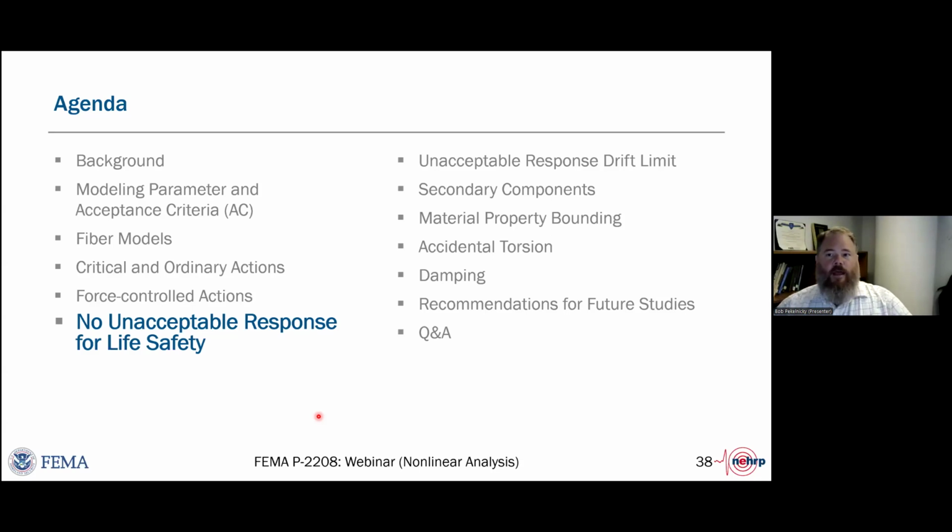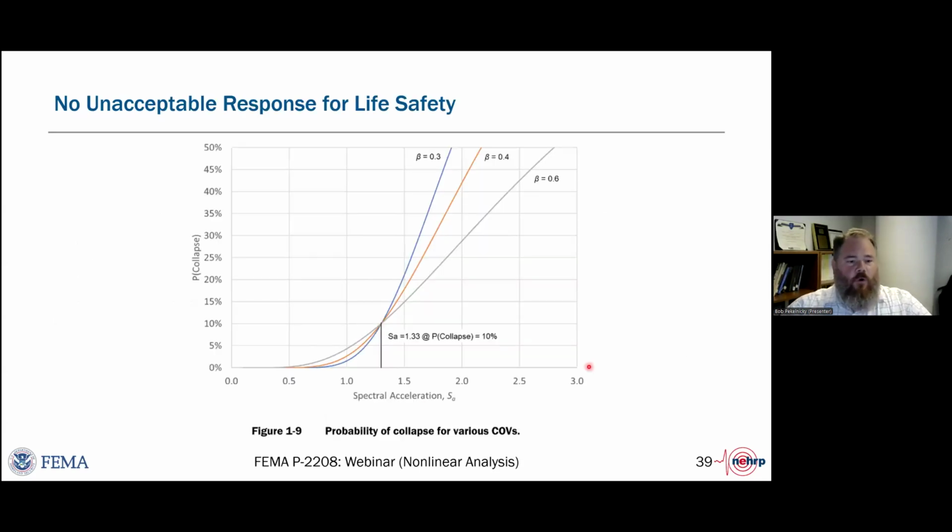At its core, ASCE 41 is trying to get you to target a 90% reliability, that when you say this building meets collapse prevention, there's only a 10% chance that you're wrong and that the building would meet collapse prevention under the earthquake shaking you're considering. This aligns with the stated reliability for risk category 1 and 2 buildings in the maximum considered earthquake in ASCE 7.